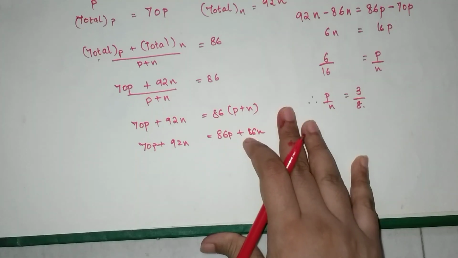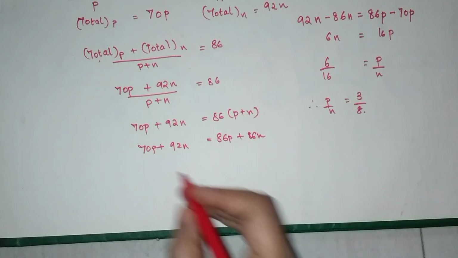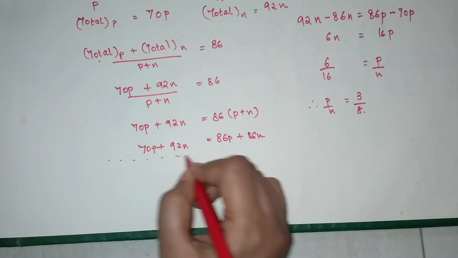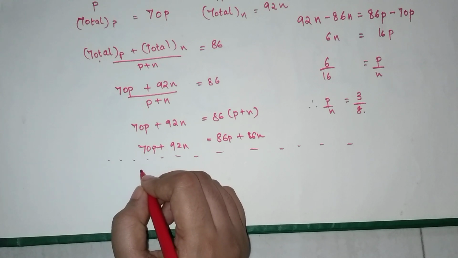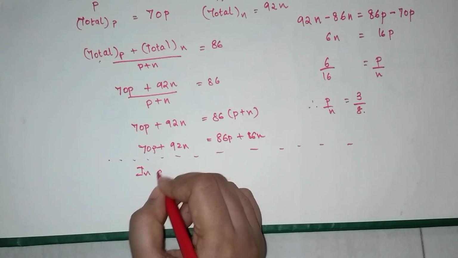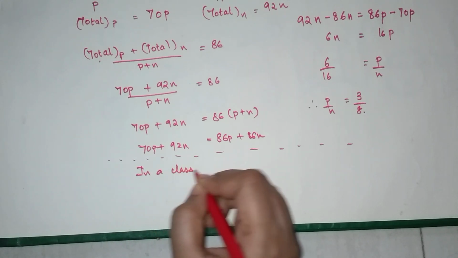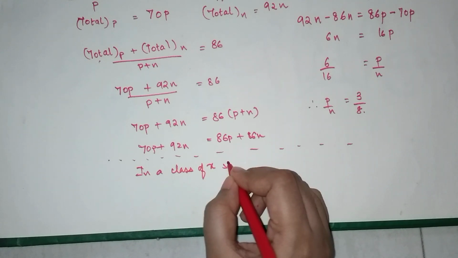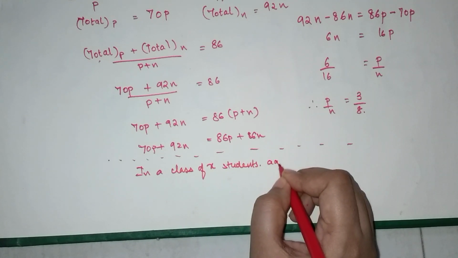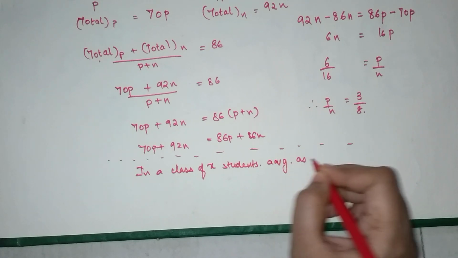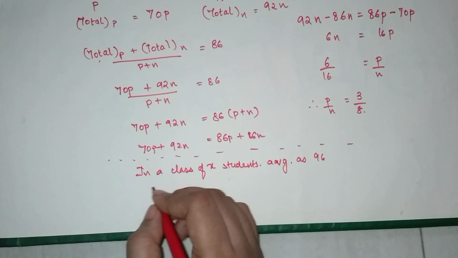So now coming to the question based on this particular sum. Let's say in a class of X students, we have average score as 96.